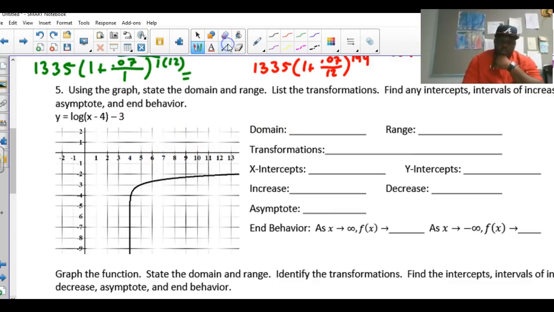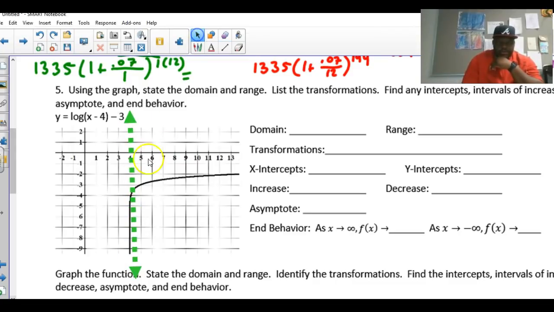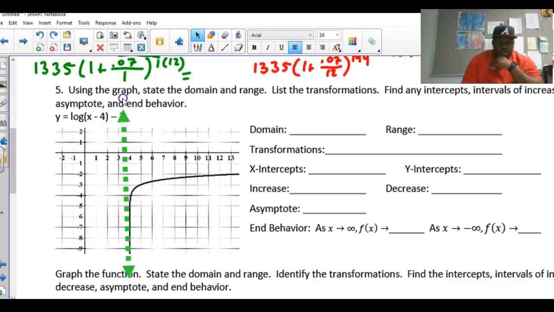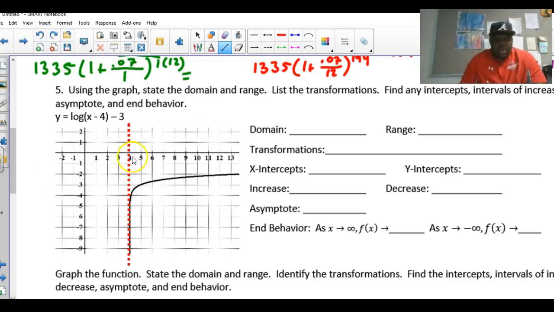I first want to show you that there's an asymptote here. If y'all see how this turns and goes straight down, there's an asymptote present right here. Actually, let's use a dotted line. With that asymptote being there, this is where the graph doesn't pass that line, which is at 4.